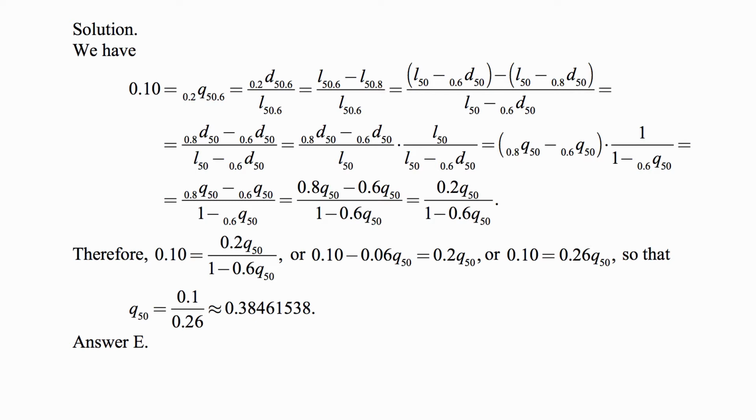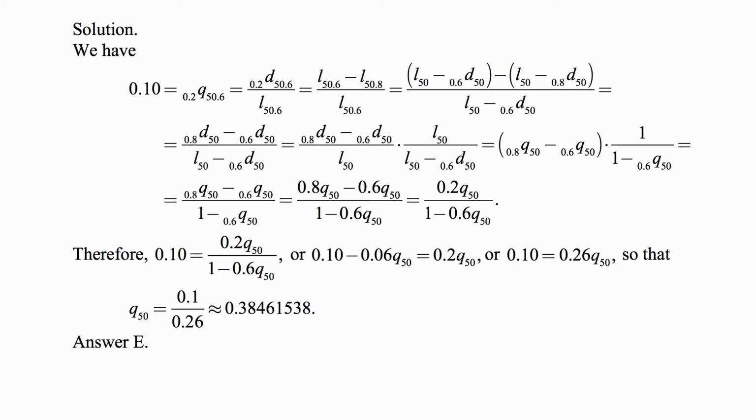But as I said, the 0.8 in front can become a coefficient instead of being a subscript, under uniform distribution of deaths. And so this is 0.8 Q50 minus 0.6 Q50 divided by 1 minus 0.6 Q50. And of course the top becomes simply 0.2 Q50 over 1 minus 0.6 Q50.